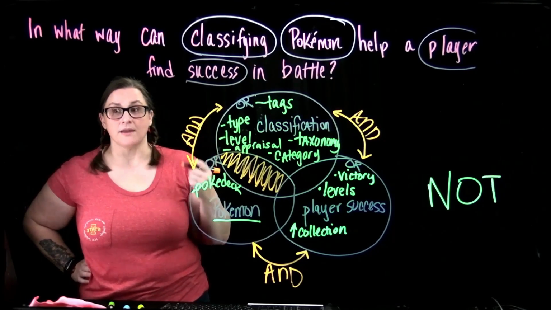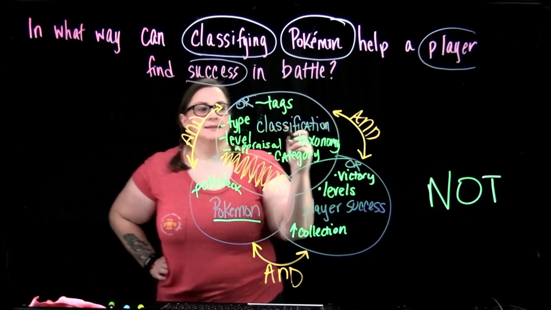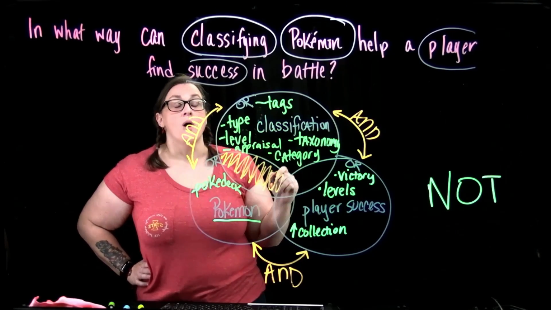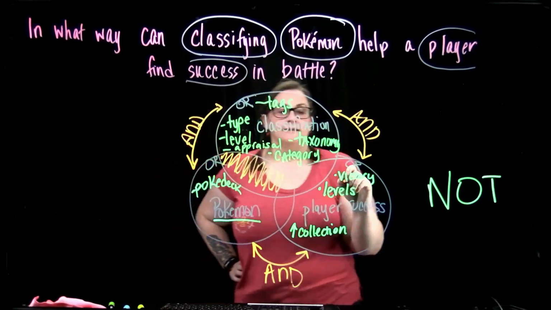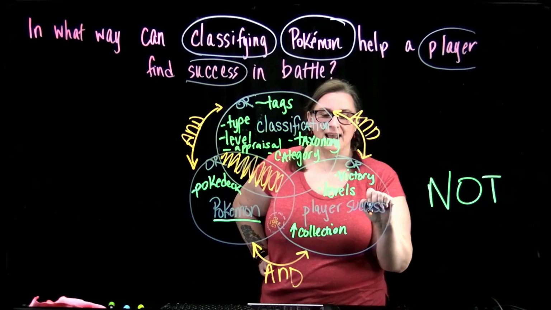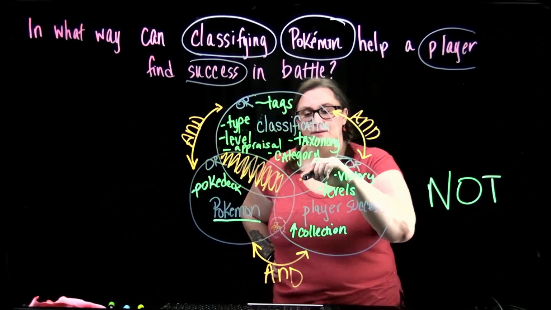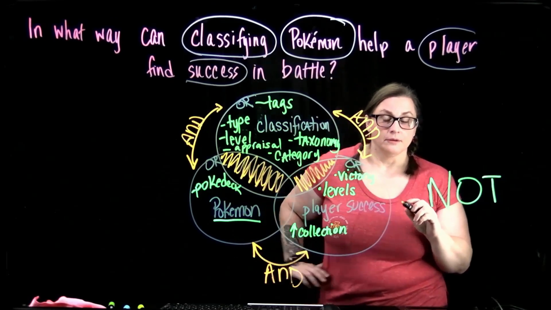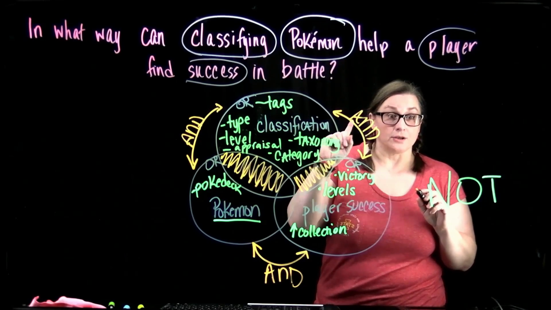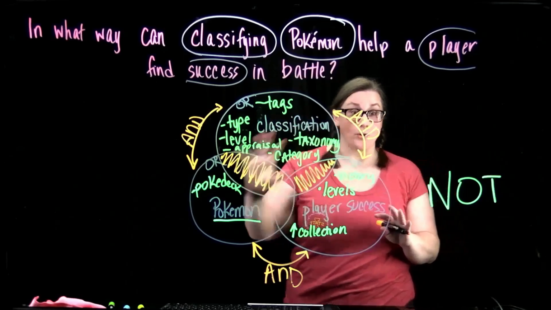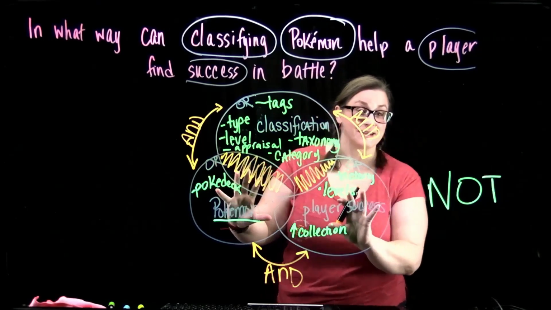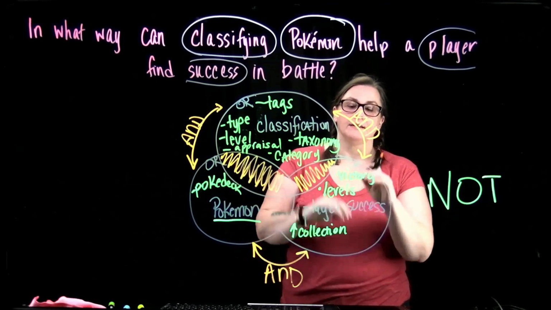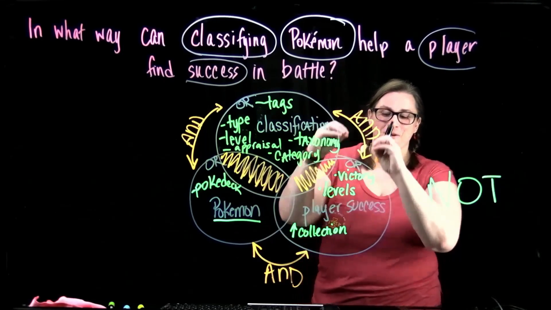Then we're going to do another search, and we're going to do taxonomy or classification or type or category, and levels, player success, victory. Now, we're going to do this one more time, and we're going to do Pokemon or Pokédex, and player success or levels or victory.